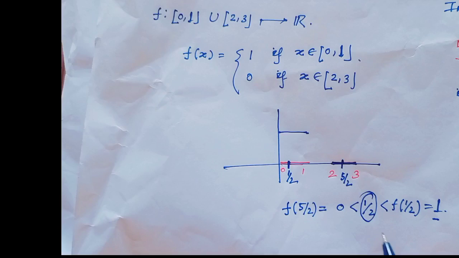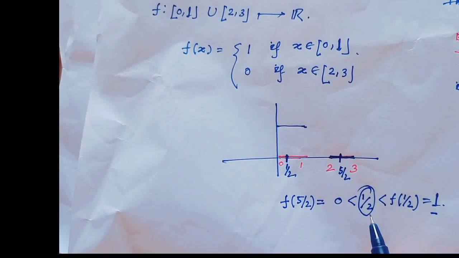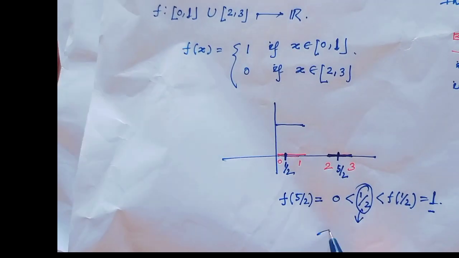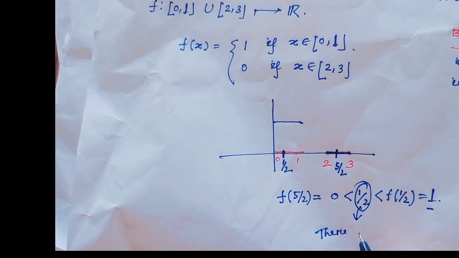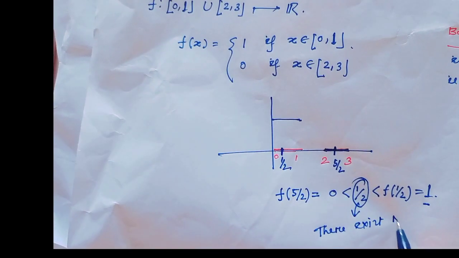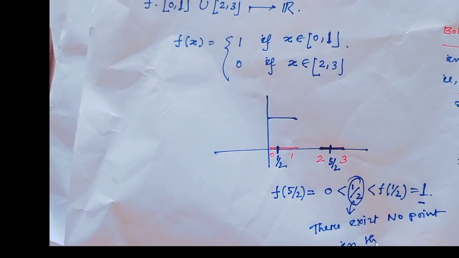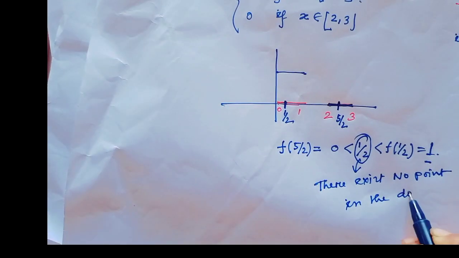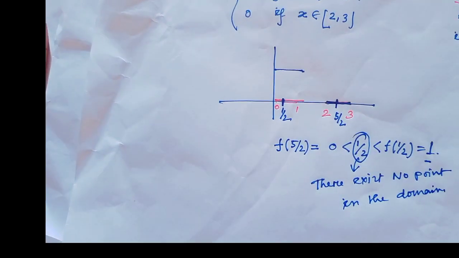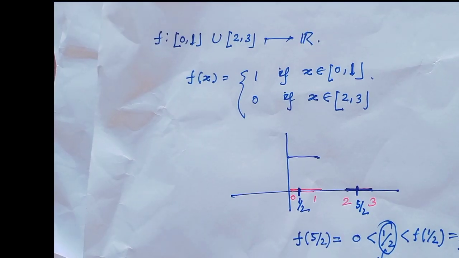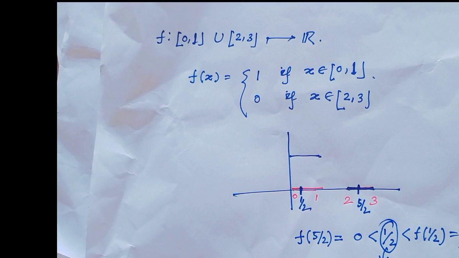and half lies between 0 and 1, but for this image half, there exists no point in the domain. So the intermediate value property does not hold for this function.